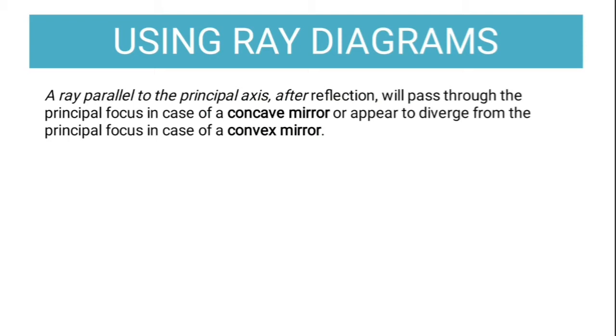Okay, so before reflection, if ray of light is parallel to the principal axis, after reflection from a concave mirror, it will pass through the focus. Now what will happen if the ray of light which is parallel to the principal axis falls on a convex mirror? It will diverge from the principal focus.